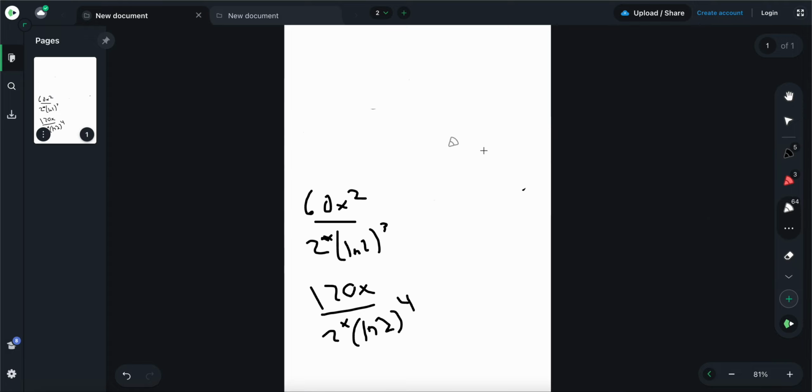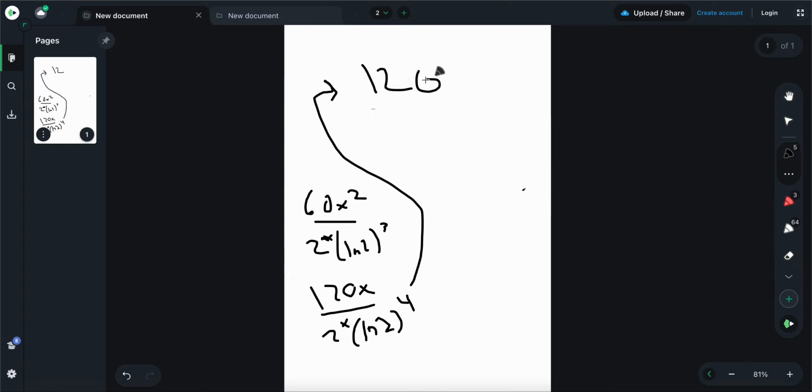So we're going to go back up to the top. And now one last time, the derivative of 120x is 120 over 2 to the x natural log of 2 to the 5th.